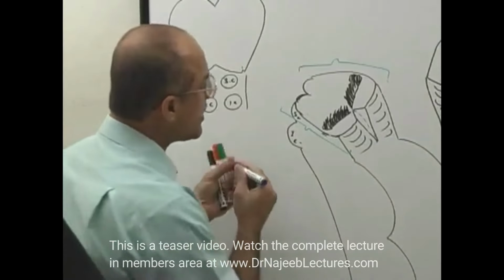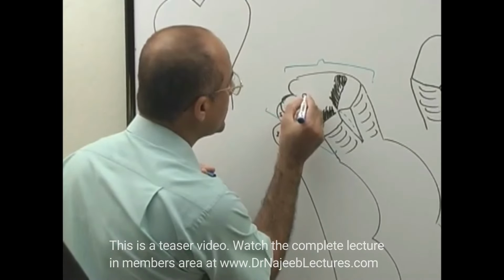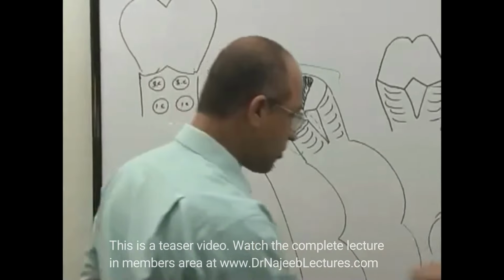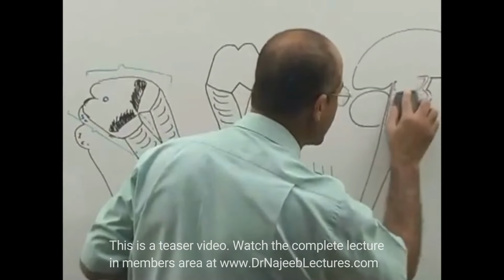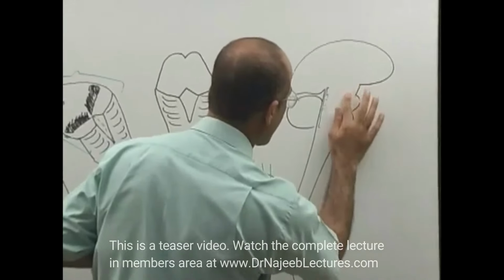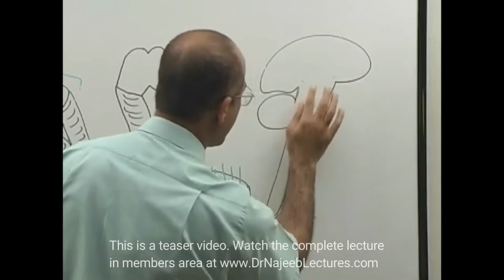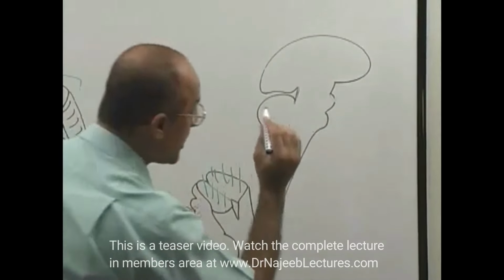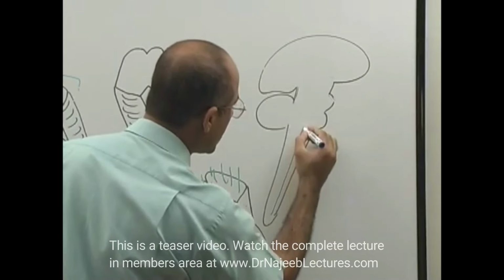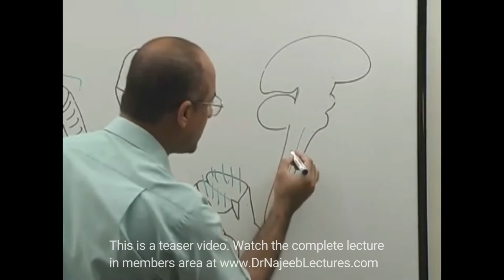Secondly, here is a very important structure. There's a CSF filled, what is this? Cavity. Right? Let me explain this CSF filled cavity in relation to the whole structure. Look, now look very carefully. You remember which canal is here? What is this canal? Central canal of the spinal cord.